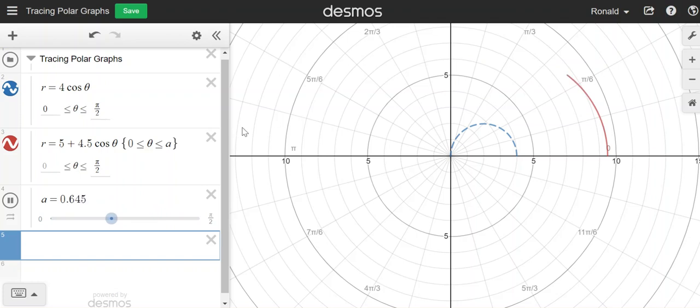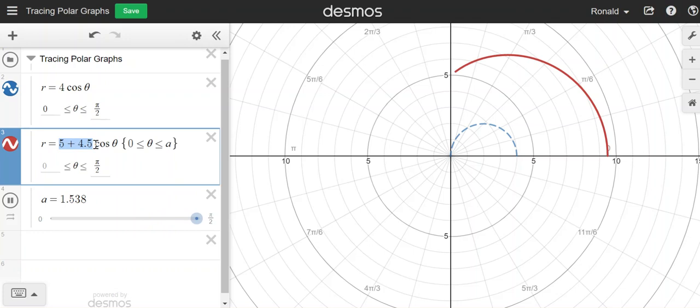So you can see it's only graphing, and what are we graphing? We're graphing a rose curve. Let me put in this function here. And so it's only graphing from 0 to pi over 2. It's tracing it out from 0 to pi over 2.